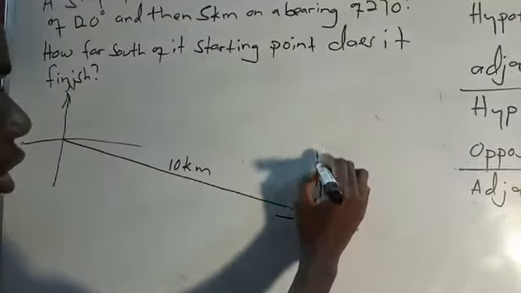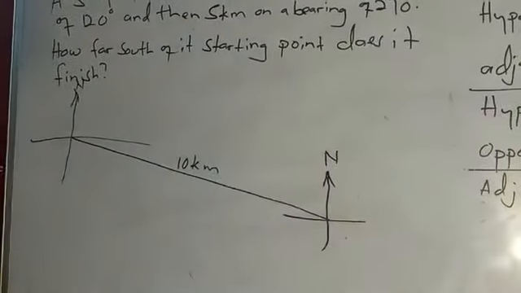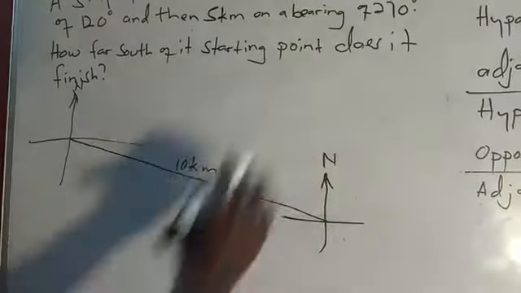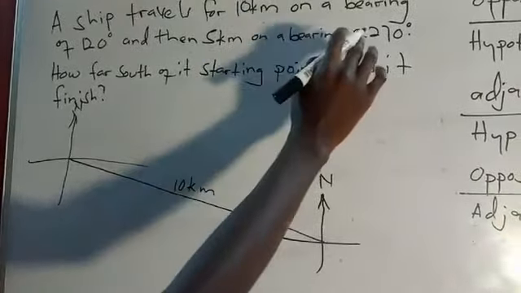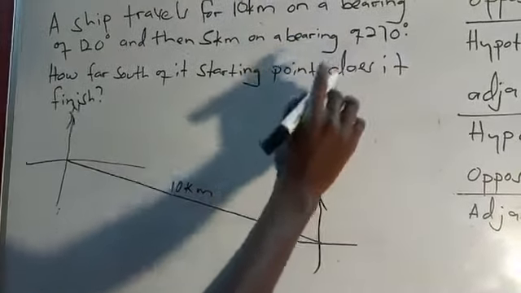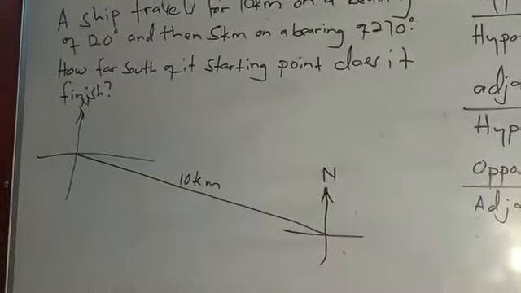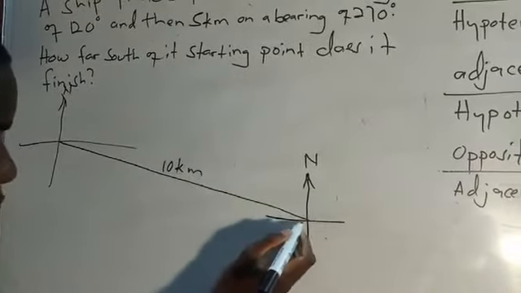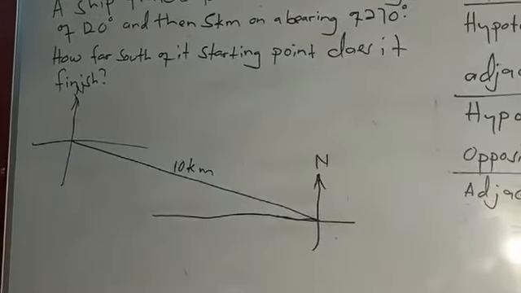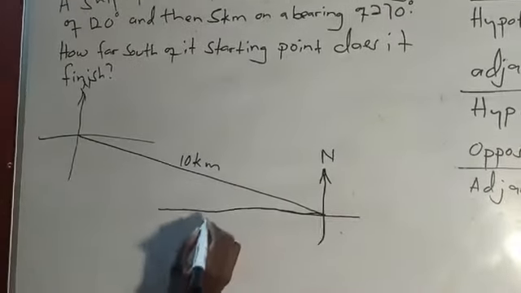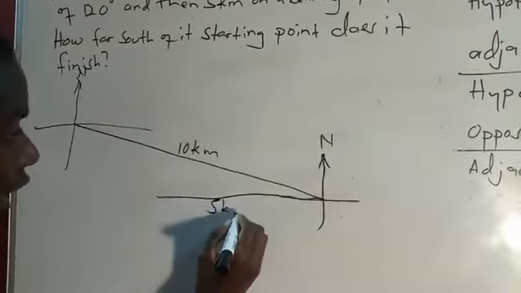This is north, and they have told us, and then 5 kilometers on a bearing of 270, which is here. Let me say here is the 5 kilometers.